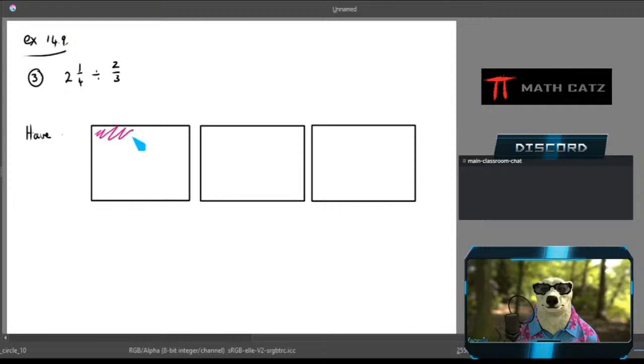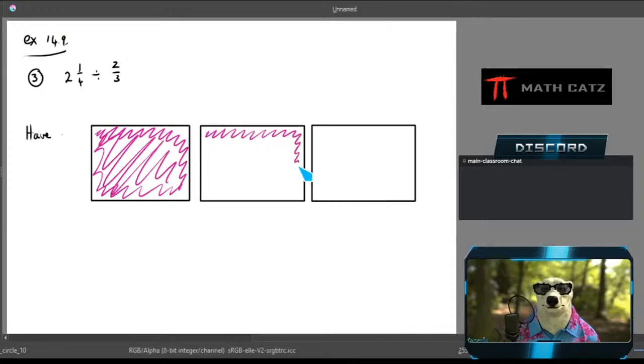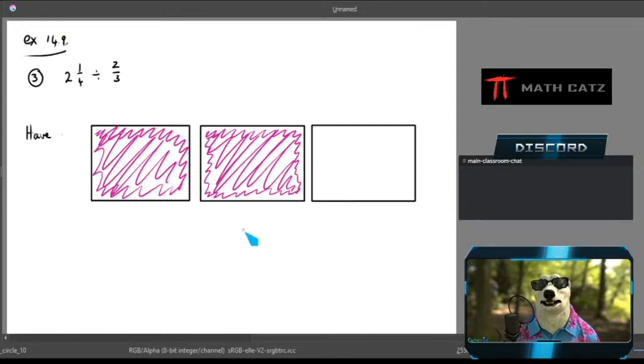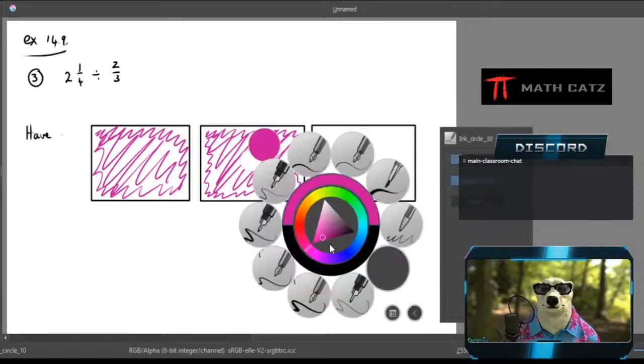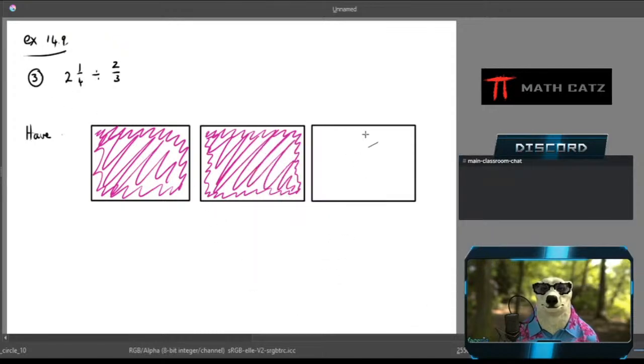I have the whole first 2 whole rectangles. So at this stage, I see no need to break them up. Of course, with enough experience, having done some examples, I know I'm going to have to. But in the case of addition, I didn't, so it really depends. Definitely splitting up the last one into 4 slices.